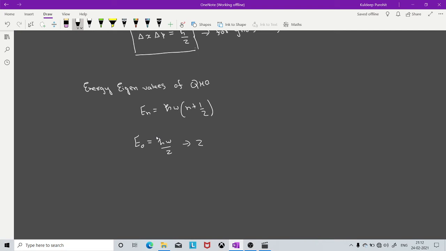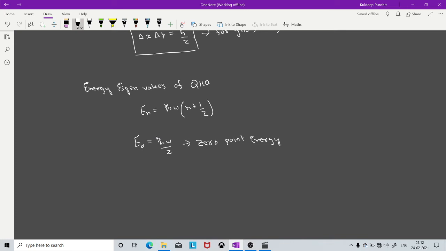This is known as zero point energy. You cannot find anything like this in classical mechanics. There is no analogue of zero point energy in classical mechanics. In classical mechanics, the ground state energy is always equal to 0.